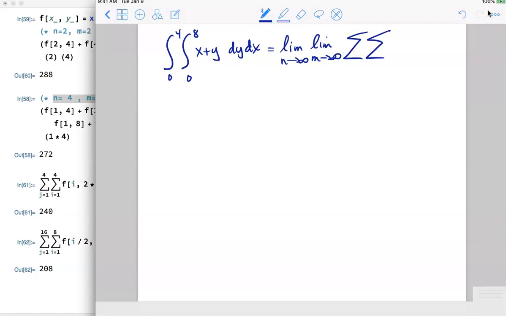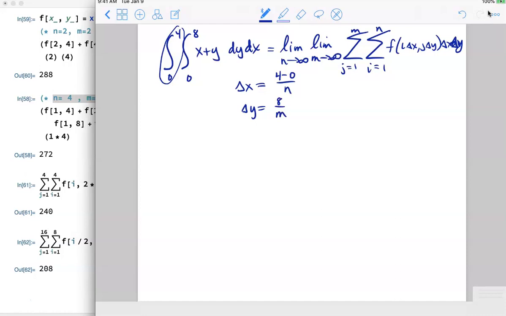Okay. So let's let i go from 1 up to n rectangles, and let's let j go from 1 up to m rectangles. And then we need the function evaluated at i times delta x, j times delta y, delta x, delta y. Now we're saying that delta x, because we're taking the x and breaking it up into n pieces, and we're taking the interval y split up into m pieces, right?